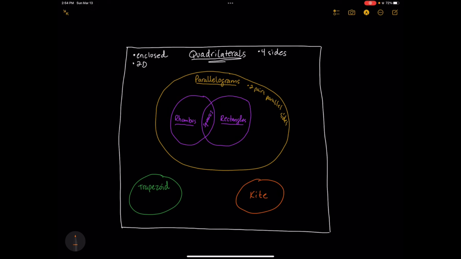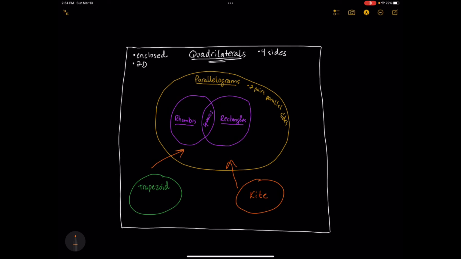Okay? This means that they're also quadrilaterals, that everything inside here has four sides, but kites and trapezoids are not parallelograms. Okay, they don't have two pairs of parallel sides. So they don't fall inside this group. They're kind of their own group over here. Okay, so that's how they're all enclosed.